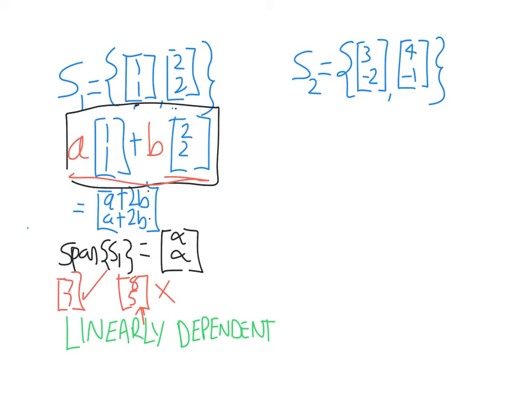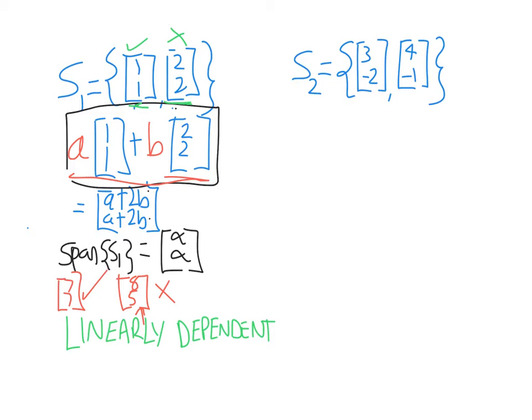We have to be a bit careful here. When you have two vectors and only two vectors, the set is linearly independent if neither vector is a scalar multiple of the other. What you can see here is that for the first one, there's no vector before it, so we count that as linearly independent. But the second vector is just a scalar multiple of the first vector, so it is a linear combination of the first vector.